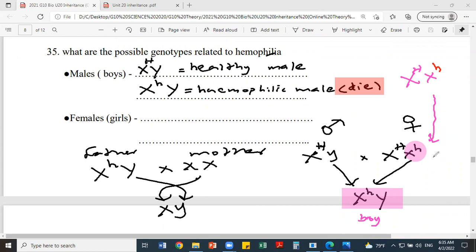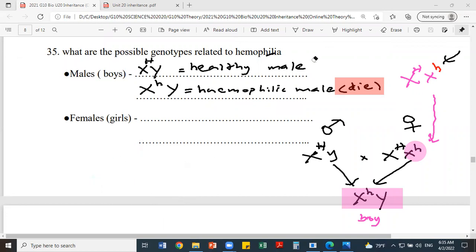You got the point. So the boy got the disease from the mother, who got it from the grandmother, who got it from the great grandmother. That means this simple h is coming from the mother's side. Very important. Now, what are the possibilities for this family? This marriage can result in hemophilic boys.